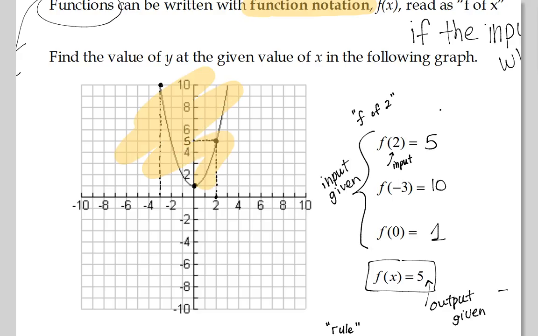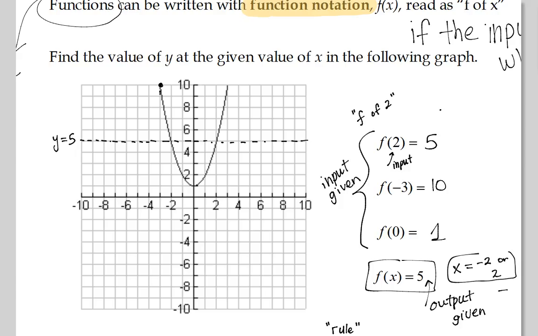So let me erase all this, and let's do it a little bit differently. Now we have to do the 5. This is 5 for y. This is y equals 5. So which x works? x could be negative 2 or positive 2.